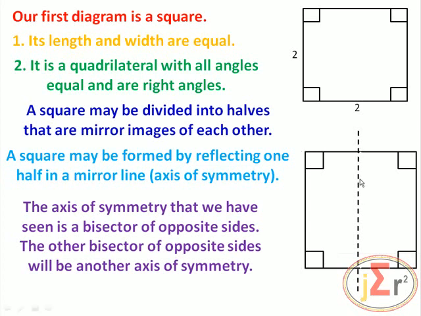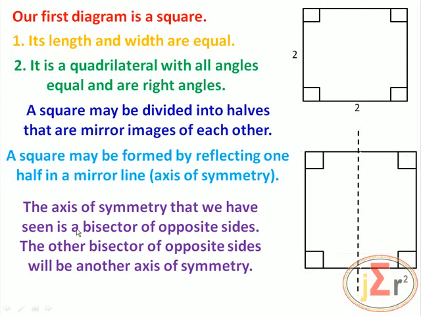It bisects opposite sides, which means it divides the opposite sides into 2 equal parts. It divides this side into 2 equal parts, and this side into 2 equal parts, and they are opposite sides. So the bisector of opposite sides is a line of symmetry. That's what we are saying.